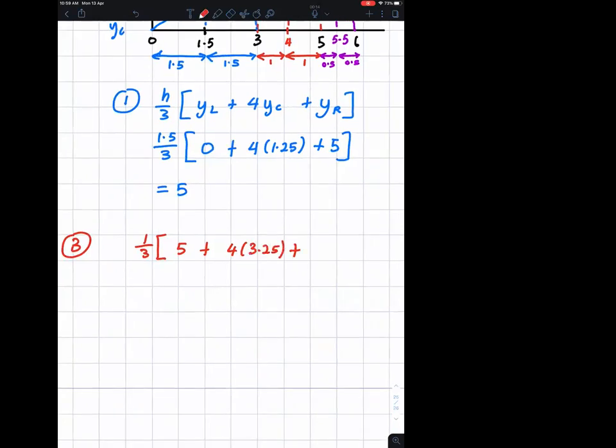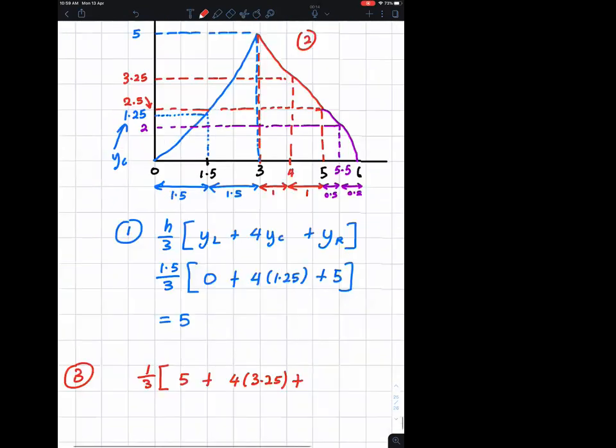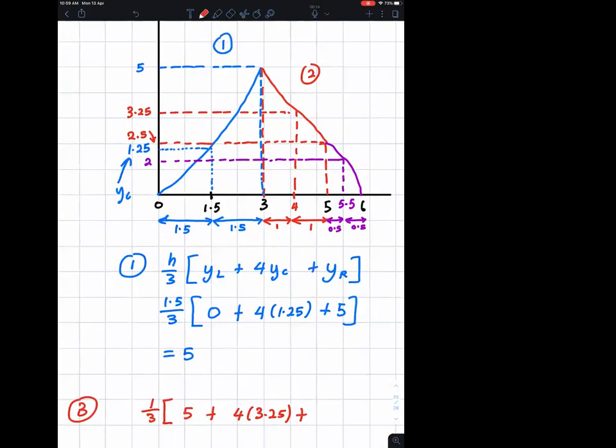YR, the right side, is the value corresponding to this. What is that? 2.5, sir. Okay, that's 2.5.